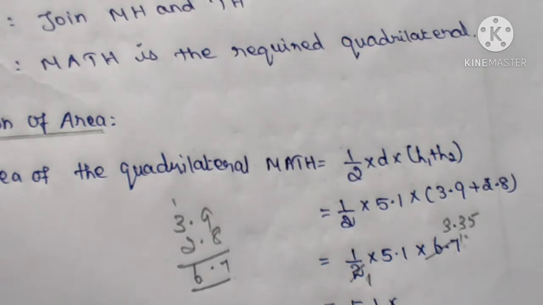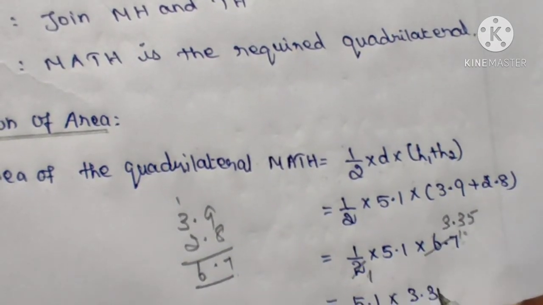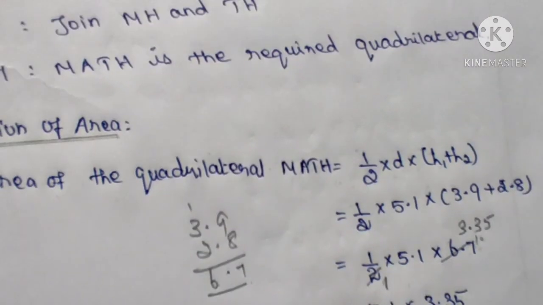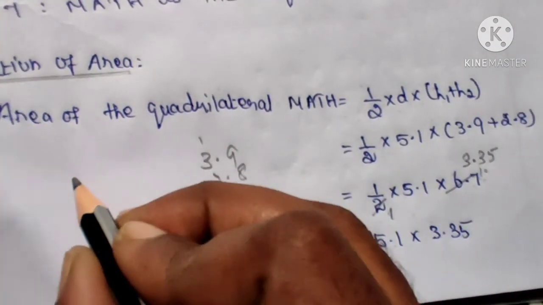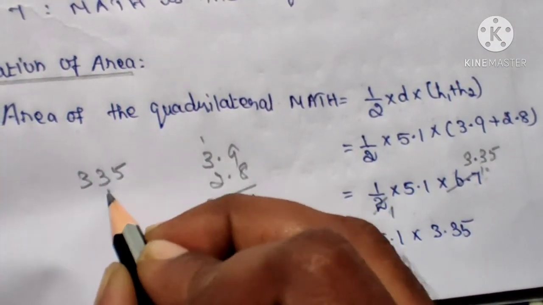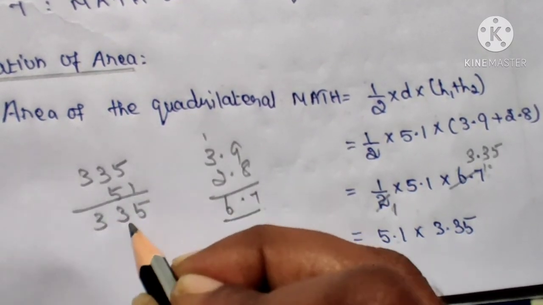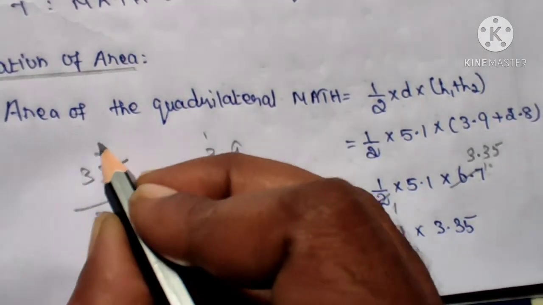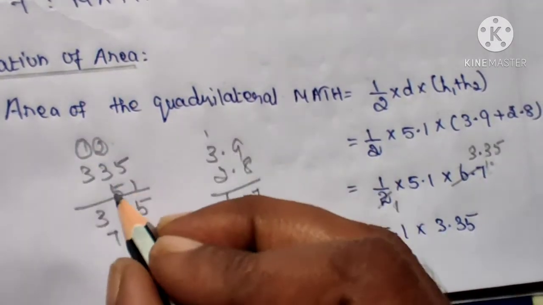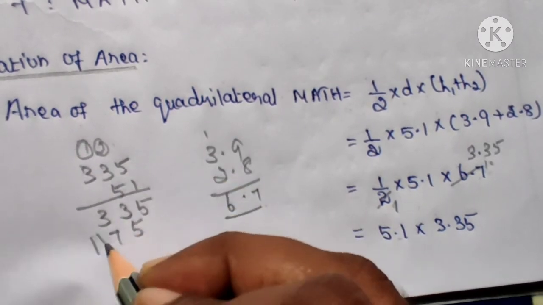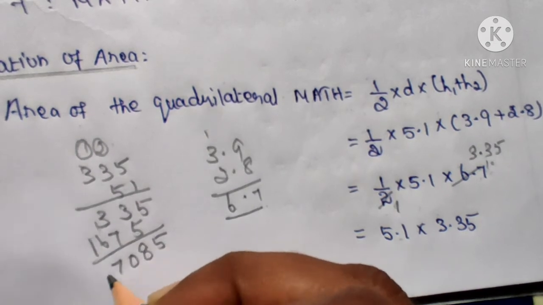So now we multiply 5.1 into 3.35. One 5 is 5, 1 3 is 3, 1 3 is 3, 5 5s are 25, 2 balance, 5 3s are 15, 15 plus 2 is 17, 1 balance, 5 3s are 15, 15 plus 1 is 16. So 5, 8, 10, 1 balance, 7, 1.